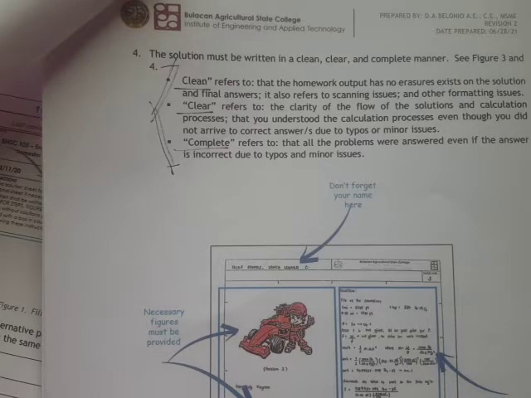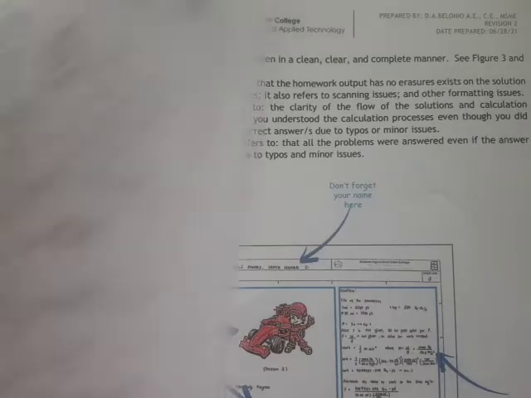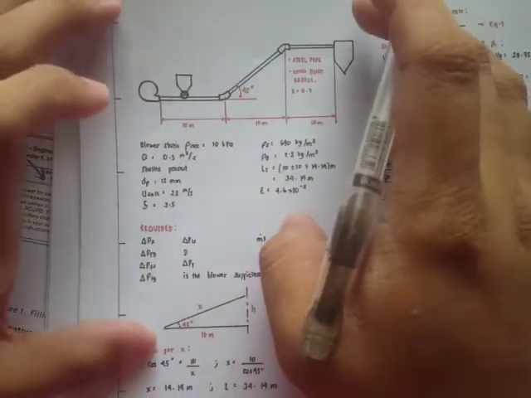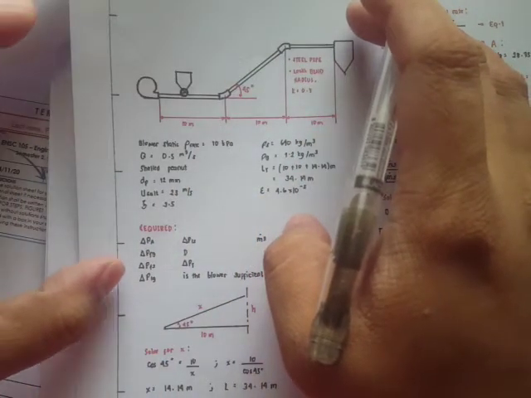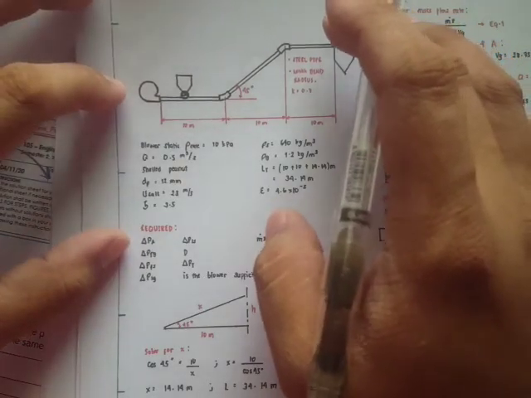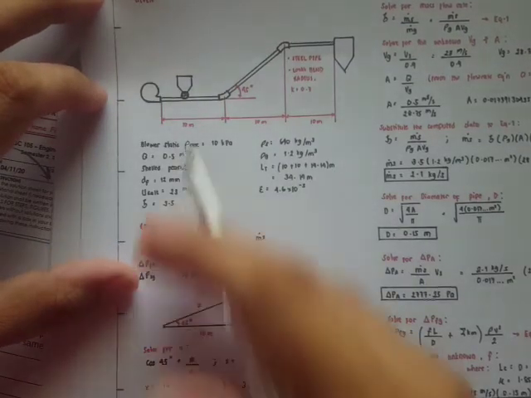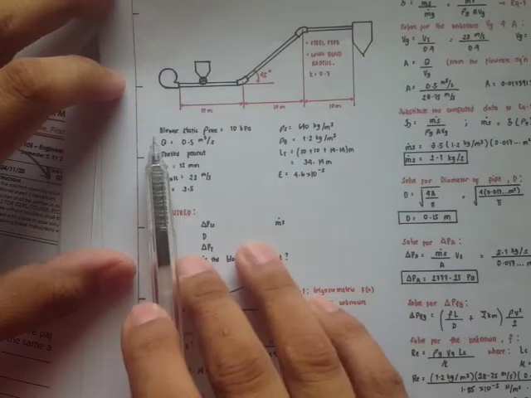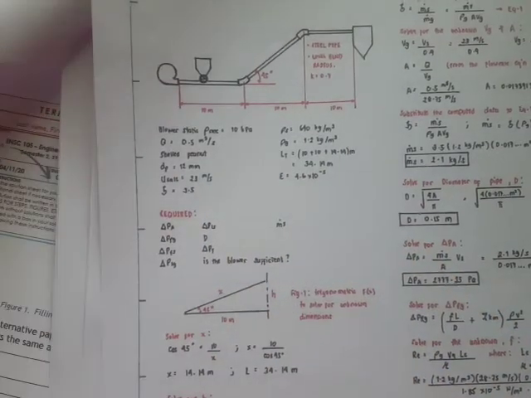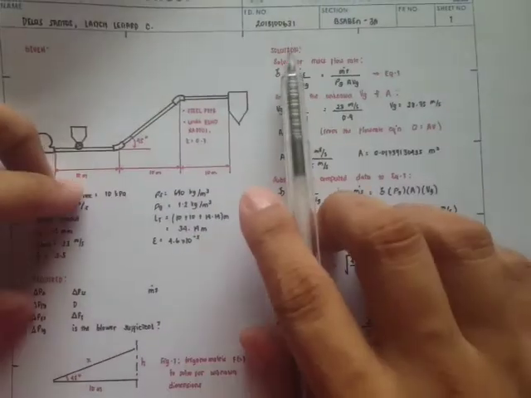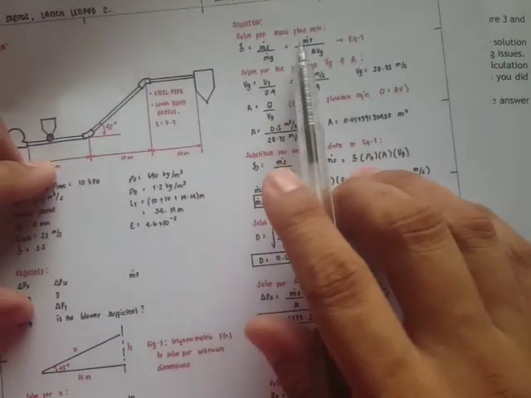What I meant by that is, in another example output here, first there must be a translation of the given words into illustrations, and then you must write the given data and then the required data. What are we solving for? And then your solution would start, for example, this one. So solve for mass flow rate.